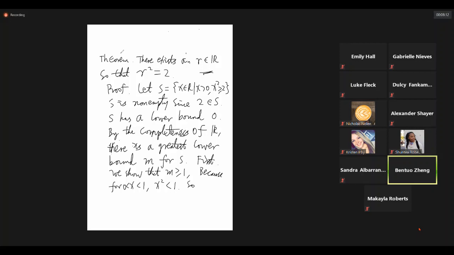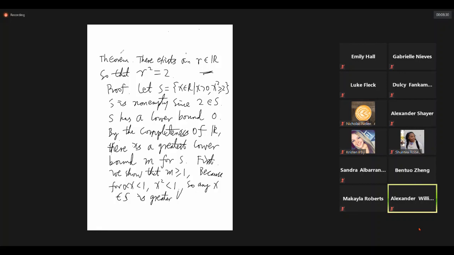So any x in S is greater than or equal to 1.